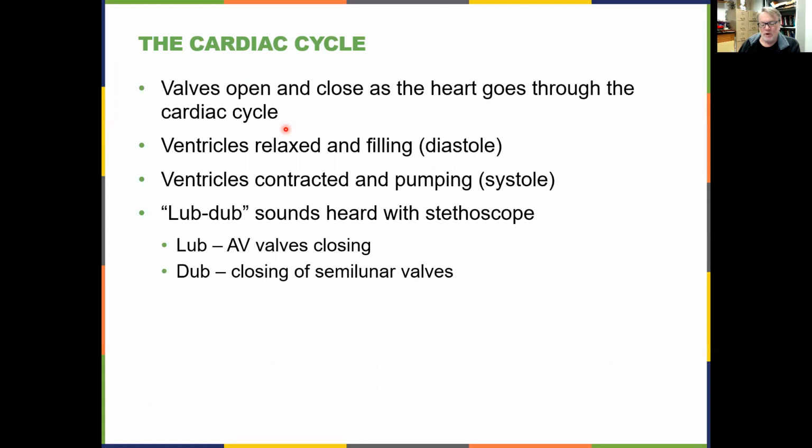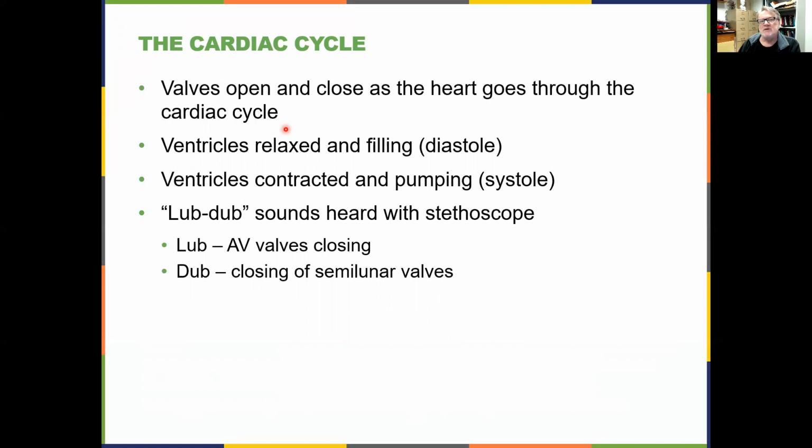But when the ventricles begin to contract and force blood out to the arteries, that automatically closes the valves between the atria and the ventricles, because we don't want the blood to flow the opposite direction.